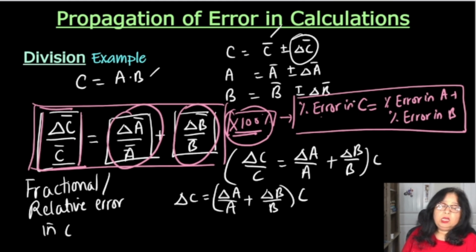So this is the rule, or the formula, for propagation of error in multiplication.